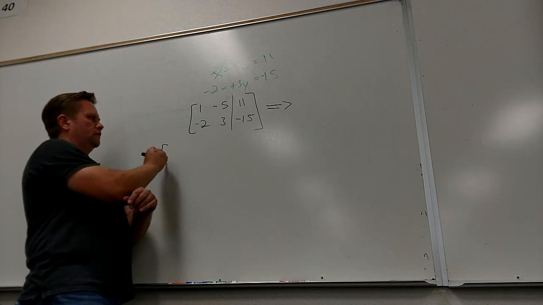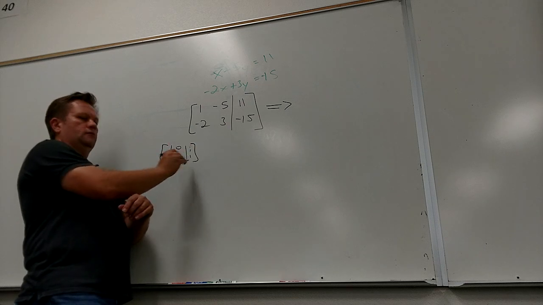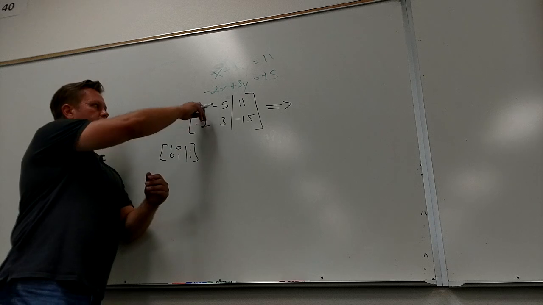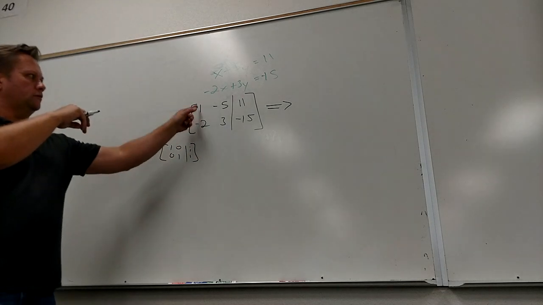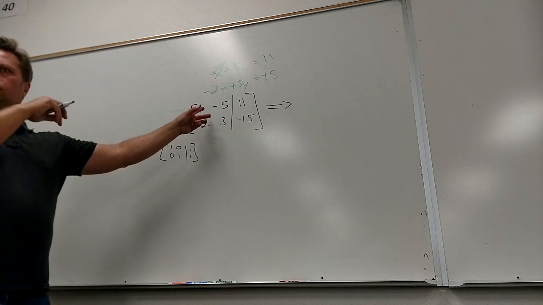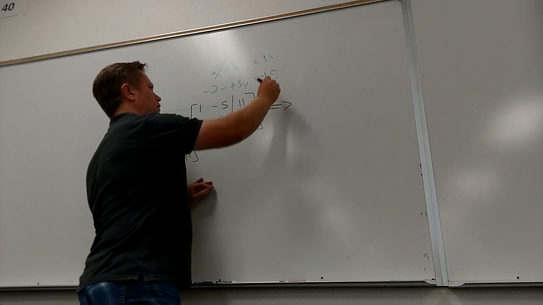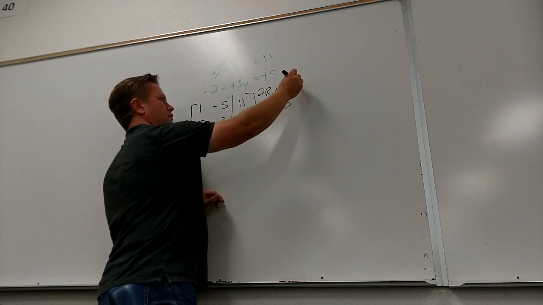What's your goal here? 1, 0, 0, 1, and then numbers. So it kind of makes sense to start with the first column. Right? So what are you guys doing with that? Multiply row 1 by 2. I like it. Add it to row 2. Put the answer in row 2.